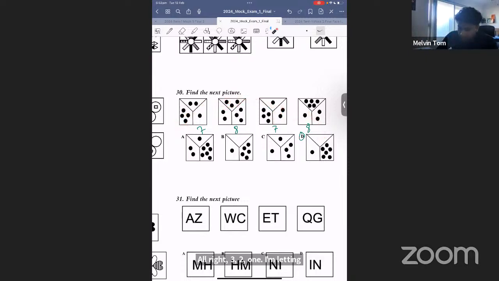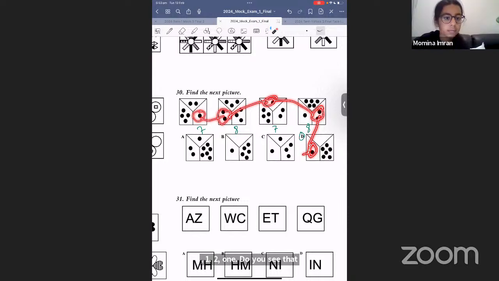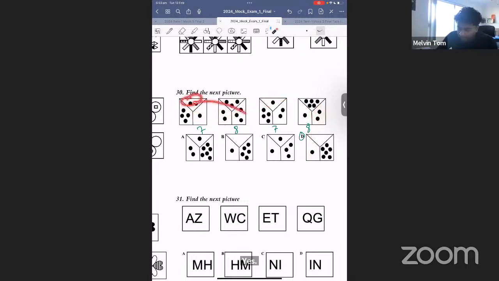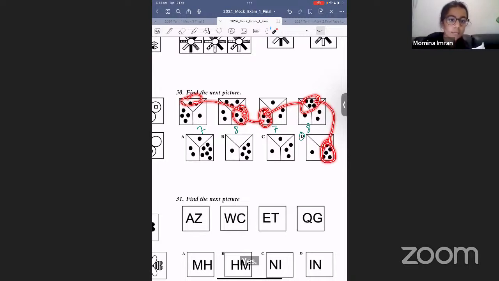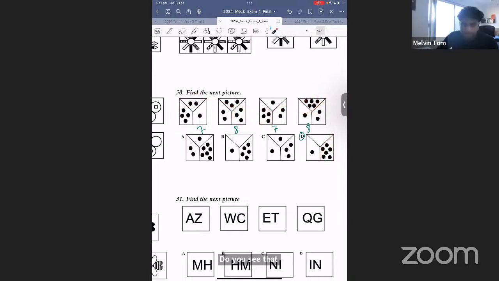Then we have 1, 2, 1, 2, 1. Do you see that? And then here we have 2, 3, 4, 5, 6. Do you see that? Awesome.